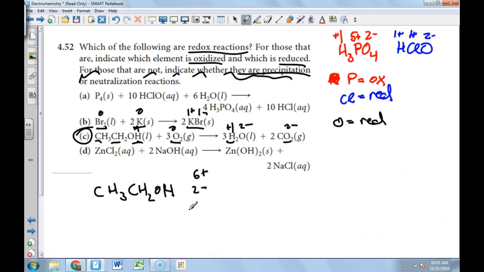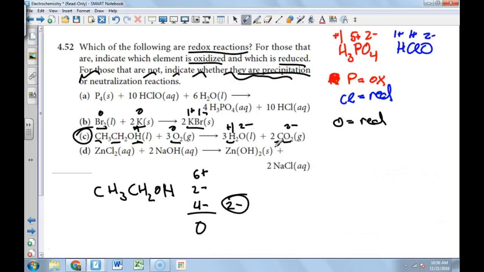So how many carbons? There's 2 carbons. So there has to be a 4 minus, right? Because all of these have to add up to 0, but there's 2 of them, so each carbon is a 2 minus charge.